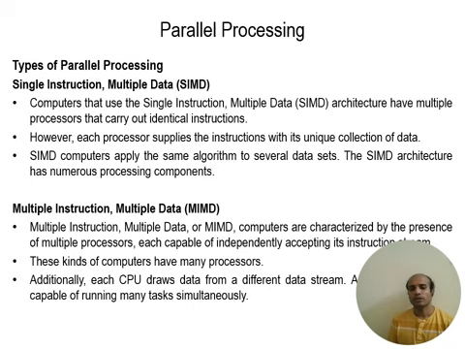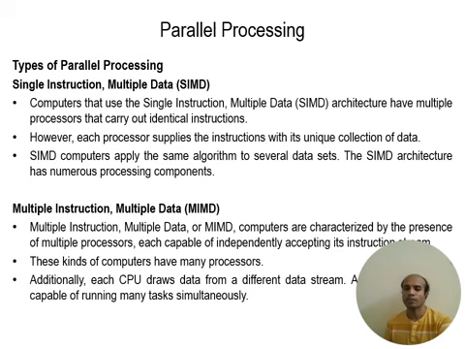So another type is multiple instruction, multiple data. So we are seeing single instruction, single data, multiple instruction, single data, single instruction, multiple data, and now finally multiple instruction, multiple data, which is MIMD. MIMD computers are characterized by the presence of multiple processors, each capable of independently accepting its instructions.